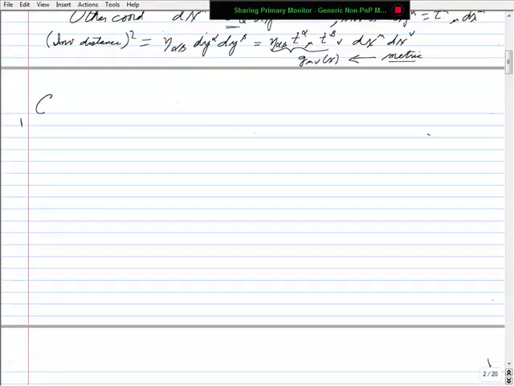Okay, so here let's do it now. So let's gauge, which is basically gauging Poincare transformations. So here's the general transformation. We have x prime mu is lambda mu nu.